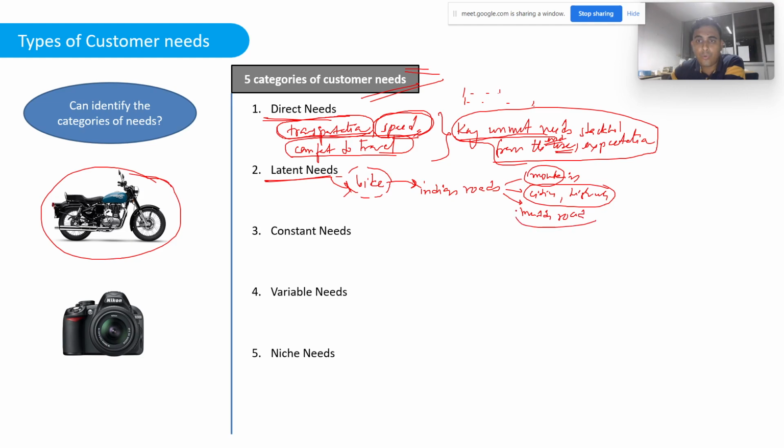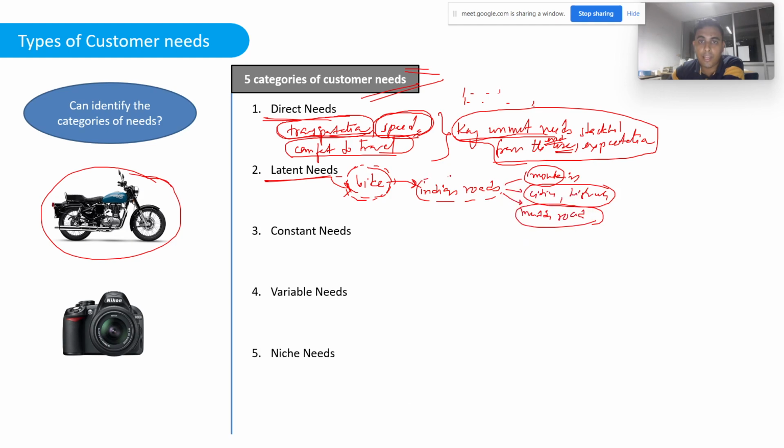So when you understand these sorts of applications, your bike actually needs to go through this particular ecosystem.